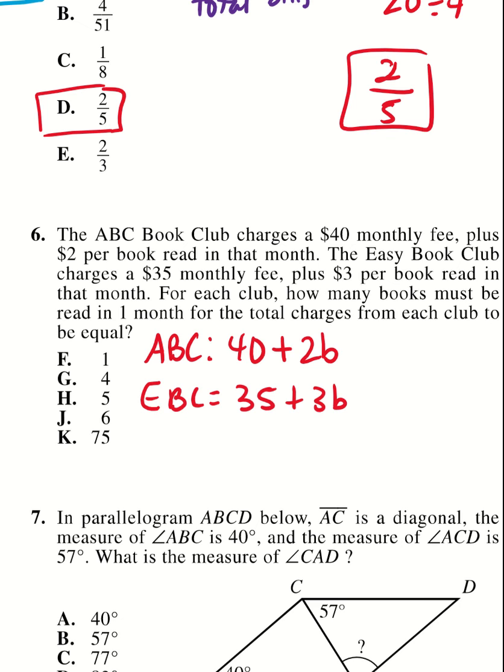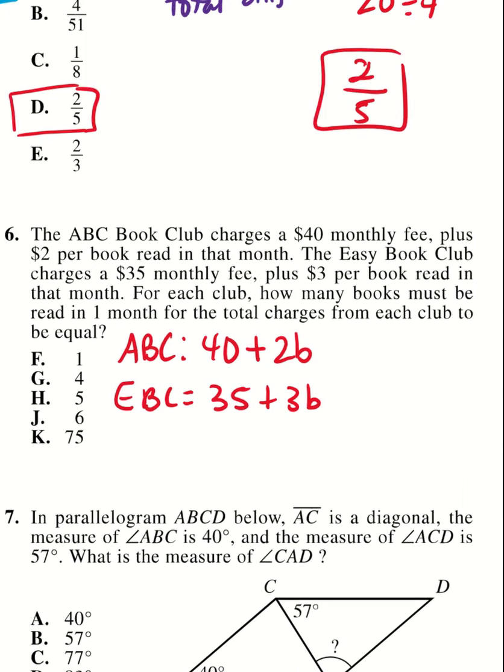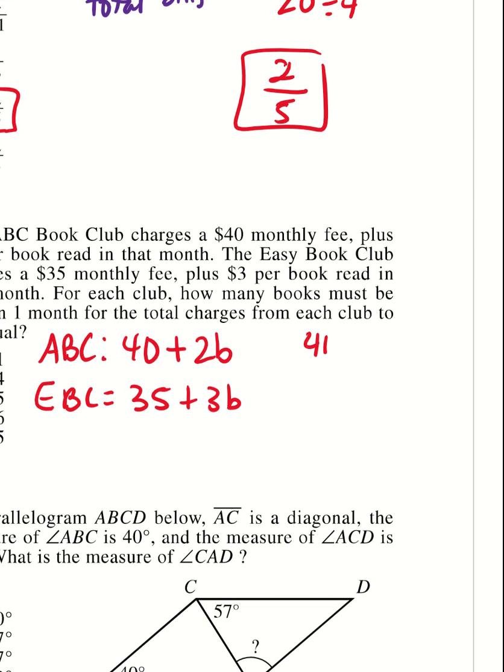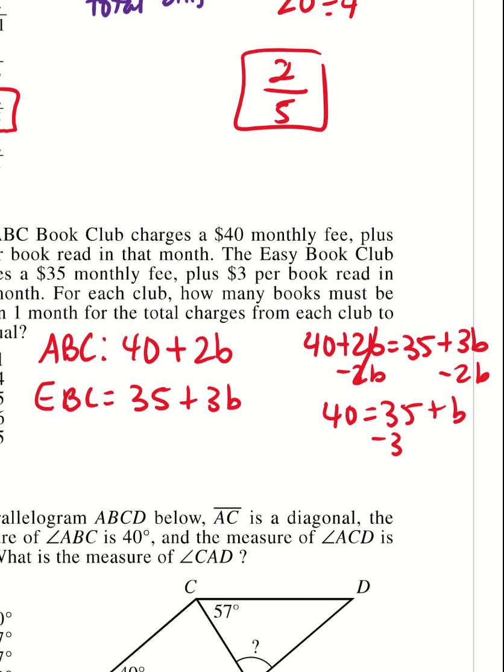We want to find out in 1 month how many books they could read so that they are charged the same amount. If you'd like to use a very algebraic approach, you can go ahead and set these two equations equal, or these two expressions equal, and then solve that equation for B.